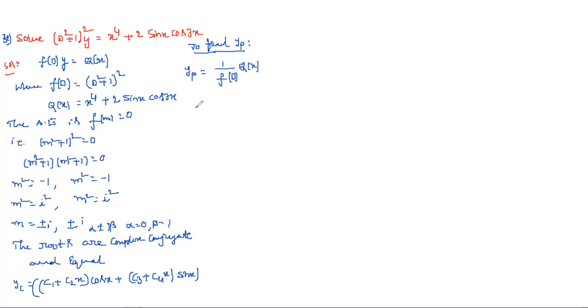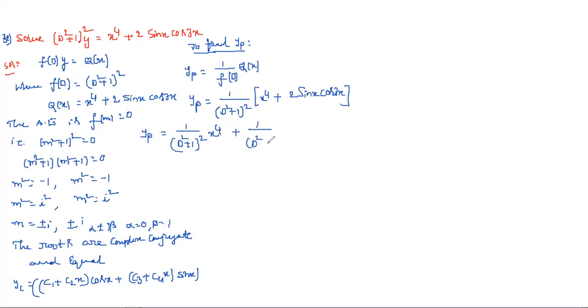So yp is equal to 1 by f of D, which is 1 by (D square plus 1) whole square, into x power 4 plus 2 sin x cos 3x. Then we can distribute: yp is equal to 1 by (D square plus 1) whole square into x power 4, plus another one, 1 by (D square plus 1) whole square into 2 sin x cos 3x.